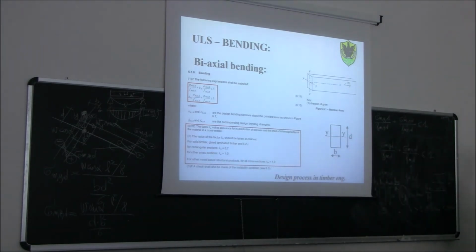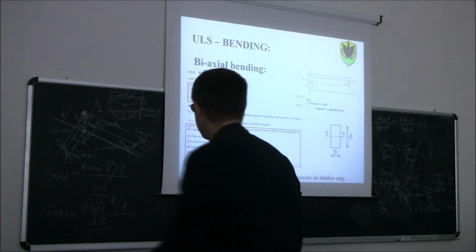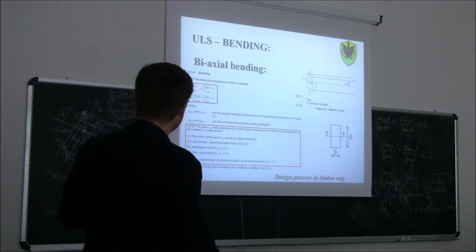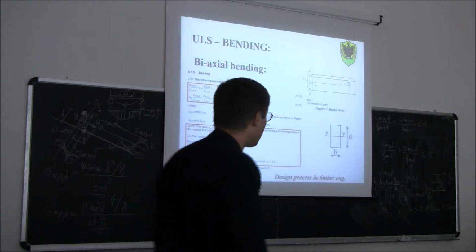And this plasticization basically raises the bending strength, the bending resistance. So in order to allow for this increased strength due to plastic redistribution in biaxial bending, the regulation has introduced this Km factor, which is equal to 0.7.